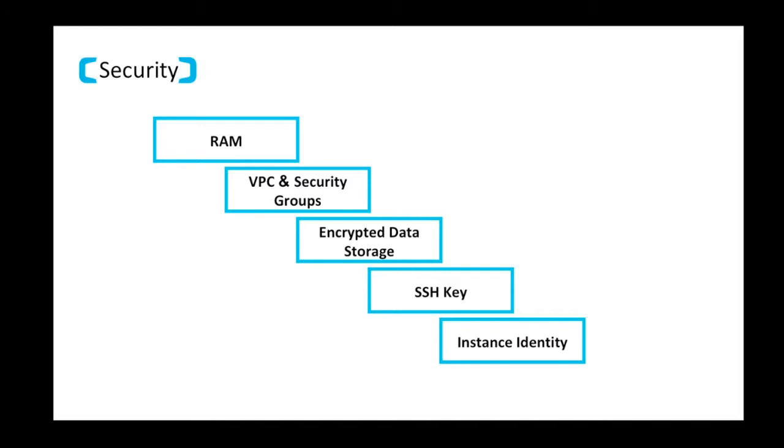And the next one is VPC and security group. We have just gone through them, so we pass to the next one. ECS disk encryption function, which can be used to encrypt cloud disks and shared block storage.